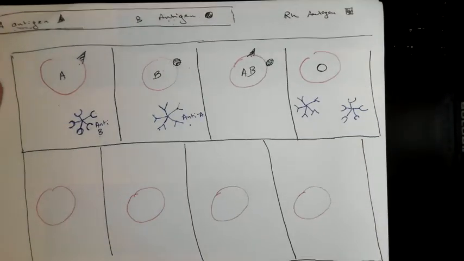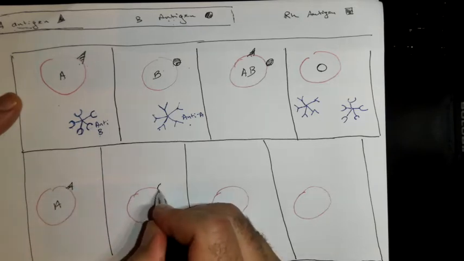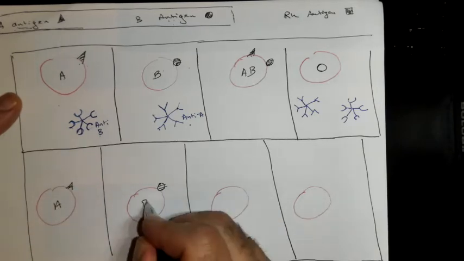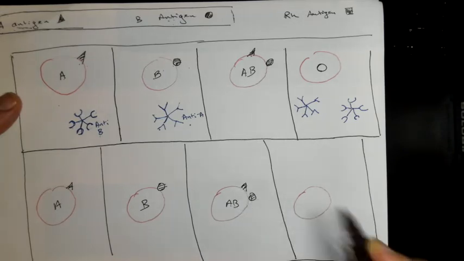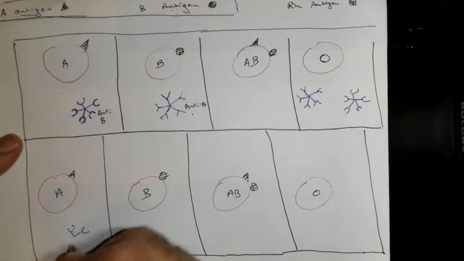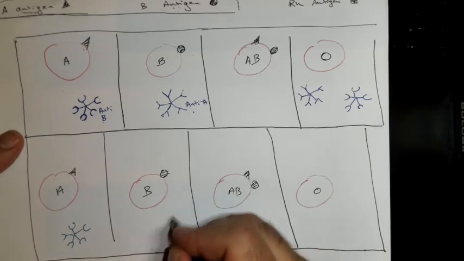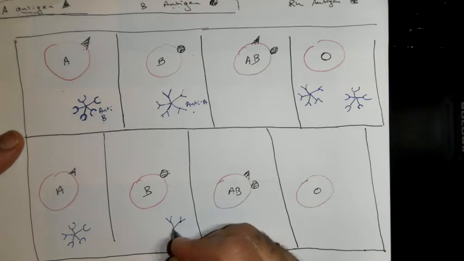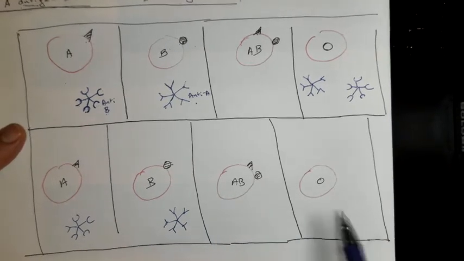So down here what we're going to do is draw the same thing that we drew already. We're going to have the A, the B, the AB, and the O. And we're also going to draw once again the plasma antibodies. And make sure you do this with me. Don't just watch me do it, because by drawing this out, that's how you're going to learn, and that's how this information will stick better.